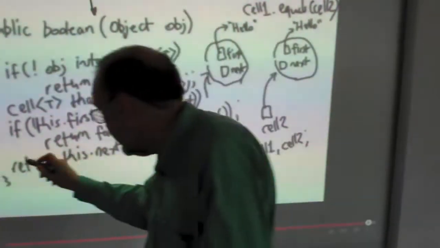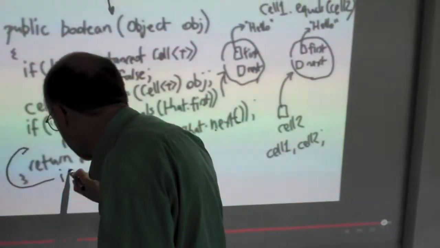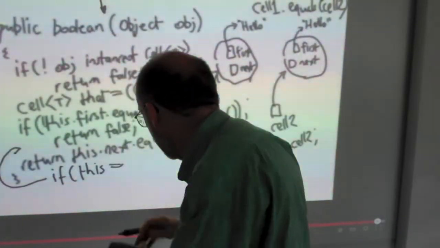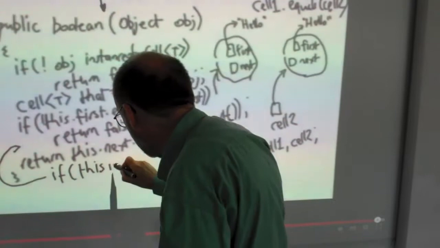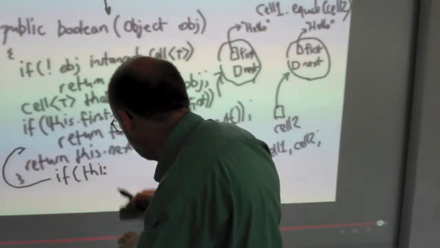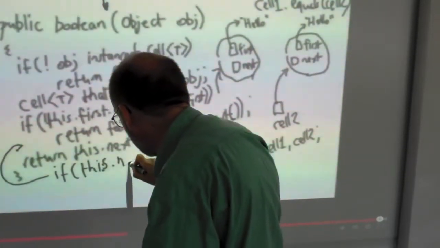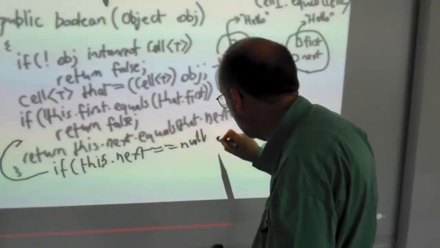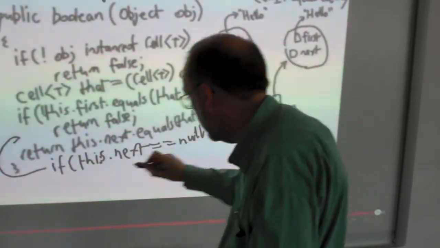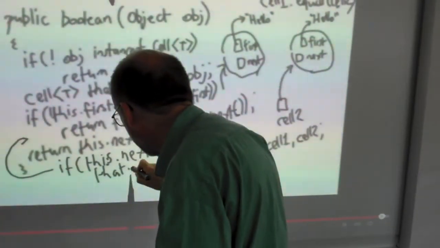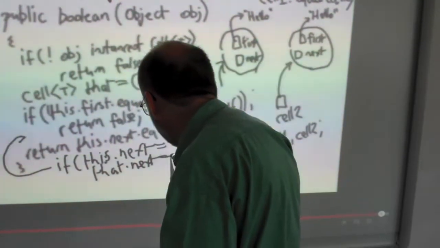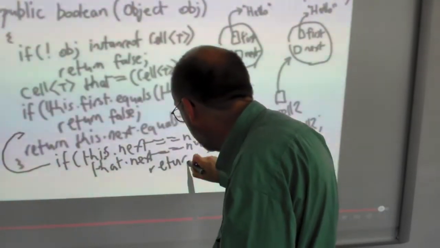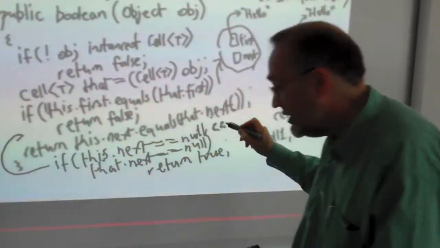So I really should have here a check: if they're both null, they're equal.